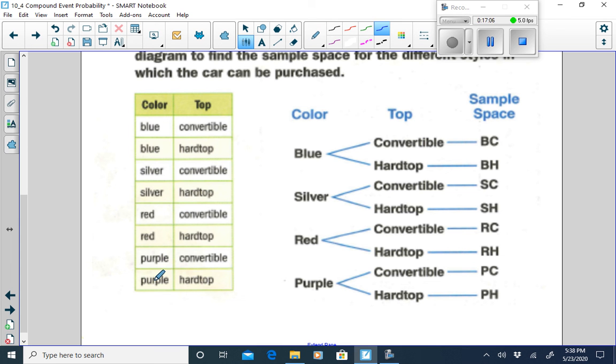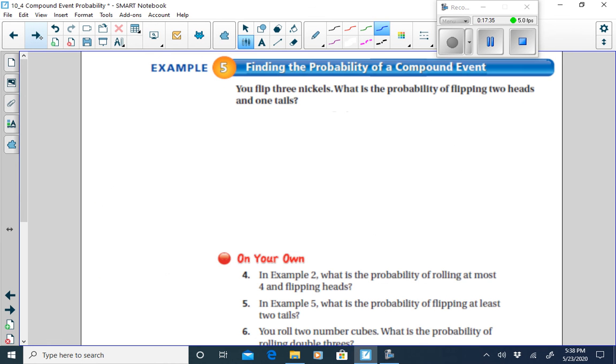Purple convertible, purple hardtop. If we used the tree diagram to create the sample space, it would look like that. So that's just an example of the 2 different ways. We've talked about making tables, and we've talked about tree diagrams, to create the sample space. But the goal is to come up with a sample space, the list of all of the possible outcomes of an event. All right, let's continue.